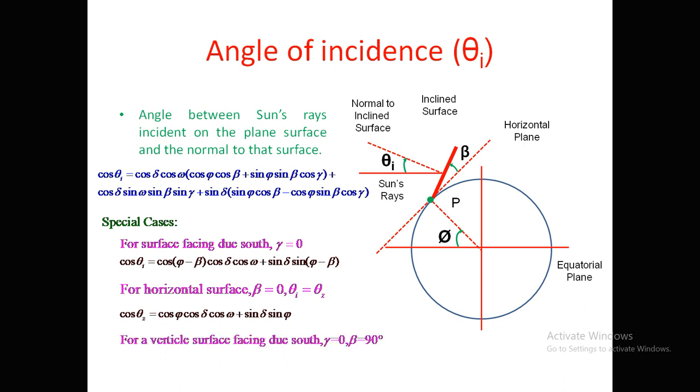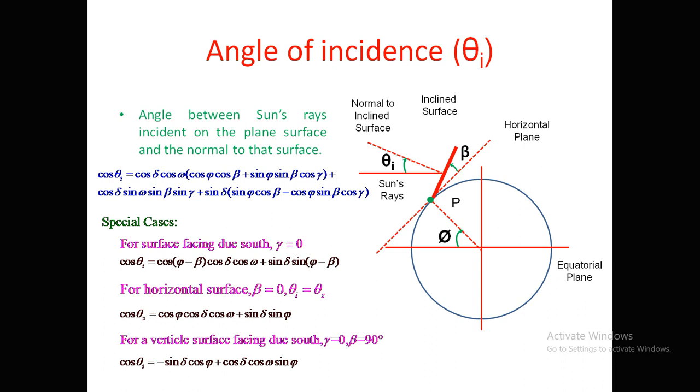For a vertical surface facing due south, what happened? Obviously due south means gamma equal to 0. It's a vertical surface, so the inclined surface is at 90 degrees with the horizontal plane. That means beta equals 90 degrees. So this will be the result: cos theta I is equal to minus sin delta cos phi plus cos delta cos omega sin phi.